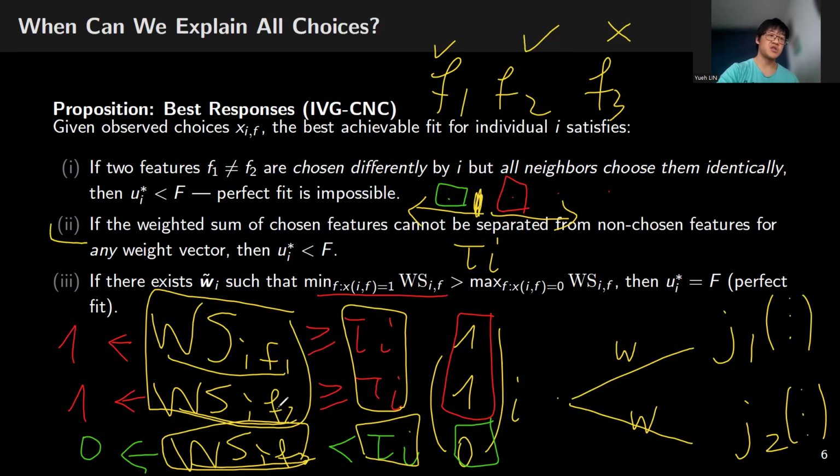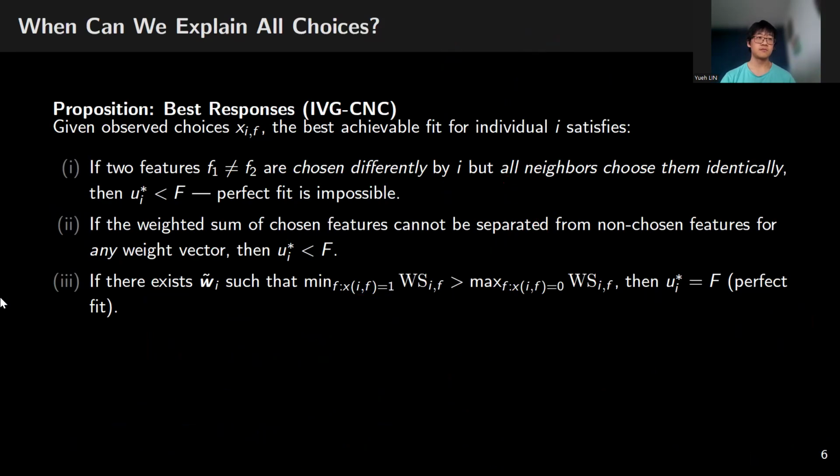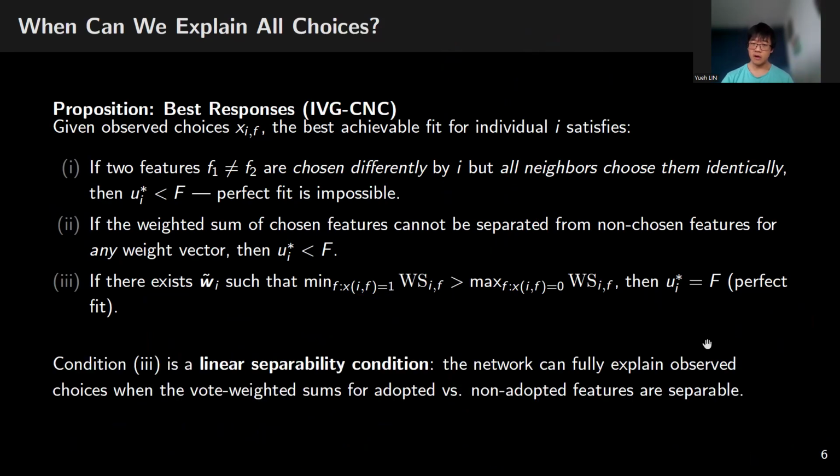So the second proposition is the inverse case. If this cannot happen, then our utility is smaller than F, so not perfect. So the takeaway is the condition 3 and also the condition 2 is the linear separability condition. If it can be separated, as I illustrated earlier, then we can have a perfect classification.